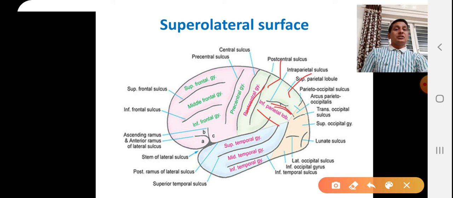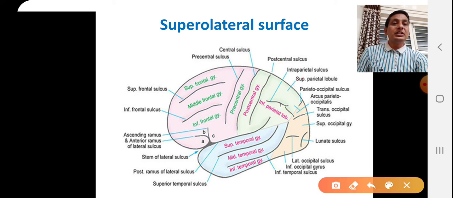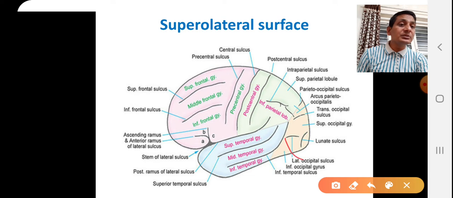Now we study the last lobe, the occipital lobe. The superior lateral surface of the occipital lobe has the lateral occipital sulcus, which lies horizontally.